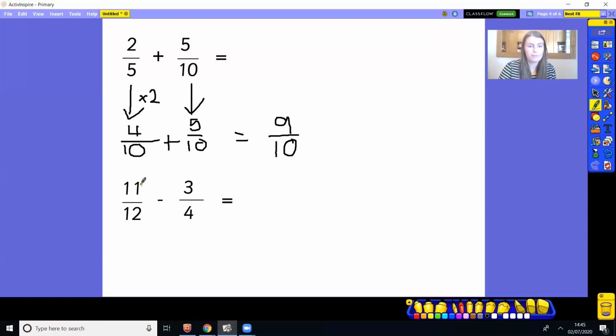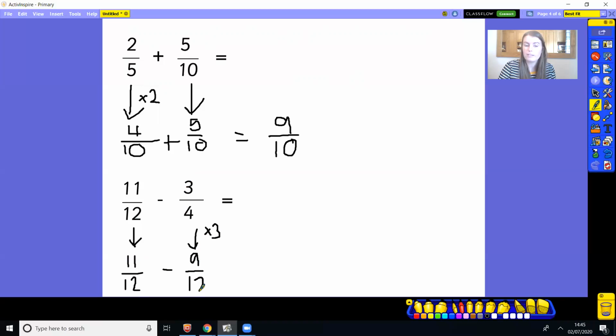Okay, this time we have 11 twelfths subtract 3/4. Twelfths is our biggest fraction, and I know that I can times the other one by 3 to make it twelfths. So this one will stay the same, 11 twelfths. But this one, we're going to multiply by 3. 3 times 3 is 9, and 4 times 3 is 12.